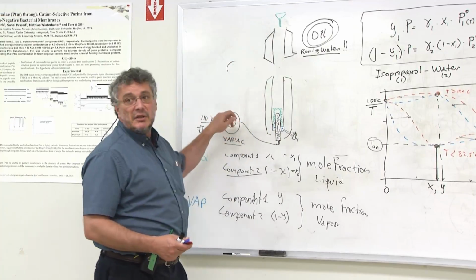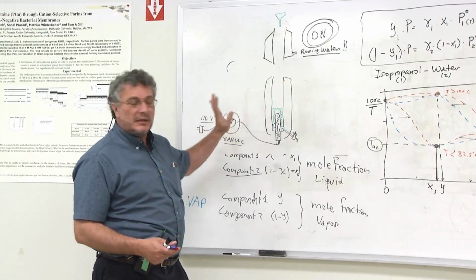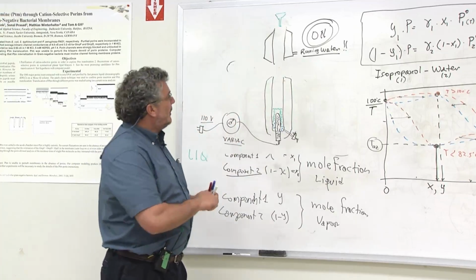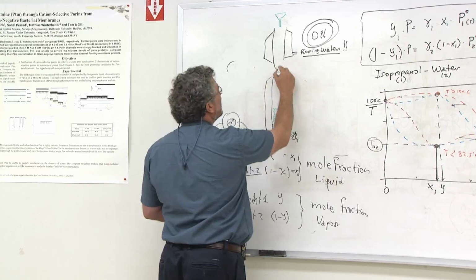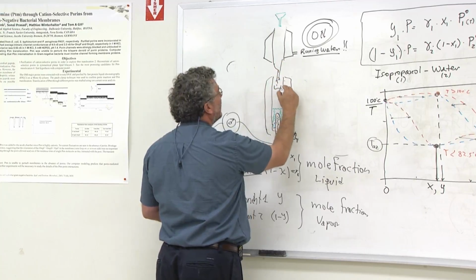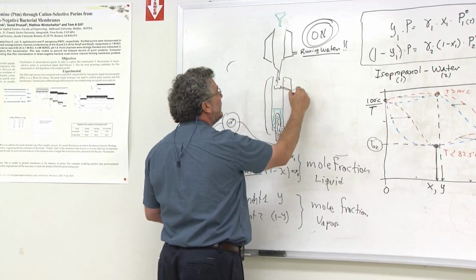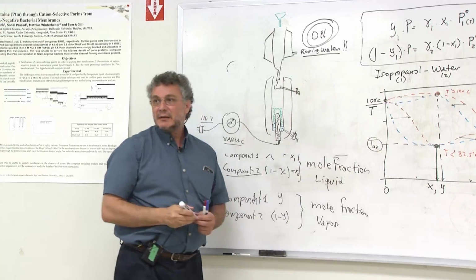Now there is a switch here to just turn it off. You don't need to move the variac. It's already set to an ice point. Now the condensate that drops through here goes to a little collector that allows you to sample the vapor phase whenever you want, right?